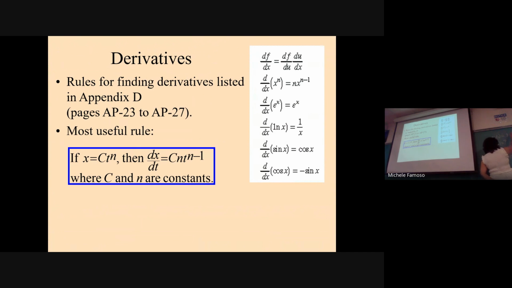This should be a t, because the variable is t. 12t cubed. All right, so you all have calculators. What we can now do is evaluate that to determine what our velocity is at any time. So if I want to know what is my initial velocity, we're going to call it v0. What am I going to do? I'm going to plug in 0 for the time. What does that mean my initial velocity is?